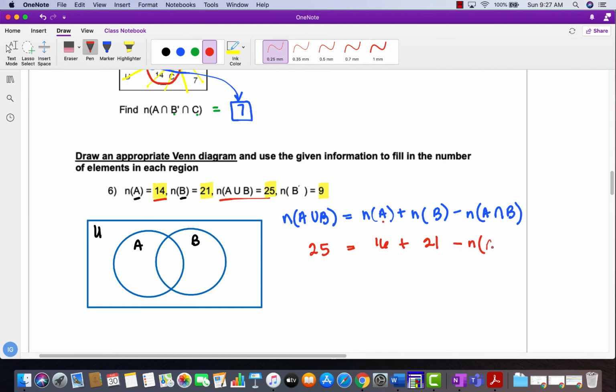And I'm just going to bring this down. Okay, so now we can combine like terms here. Then we go 25 is equal to, oh, I wrote the wrong number here, sorry. This is supposed to be 14 instead of 16, sorry. There you go. Okay, so if we combine those two, that's going to give you 35 minus, we don't know.